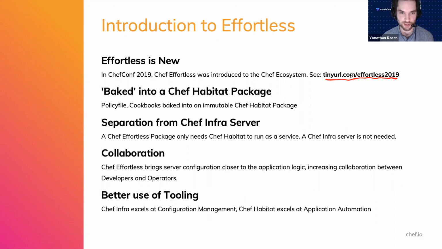I think that with Chef Infra, the resources in many cases are smart enough to handle different operating system distributions. I think that you're probably not going to run into a problem, but definitely if you're packing everything into Effortless, right?